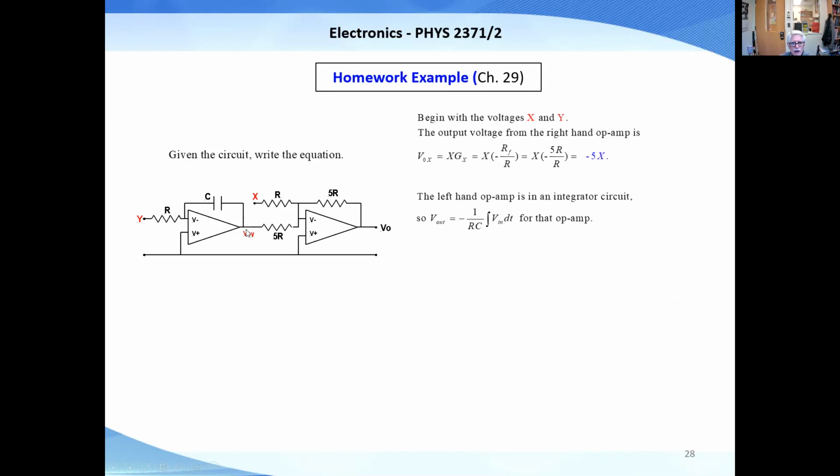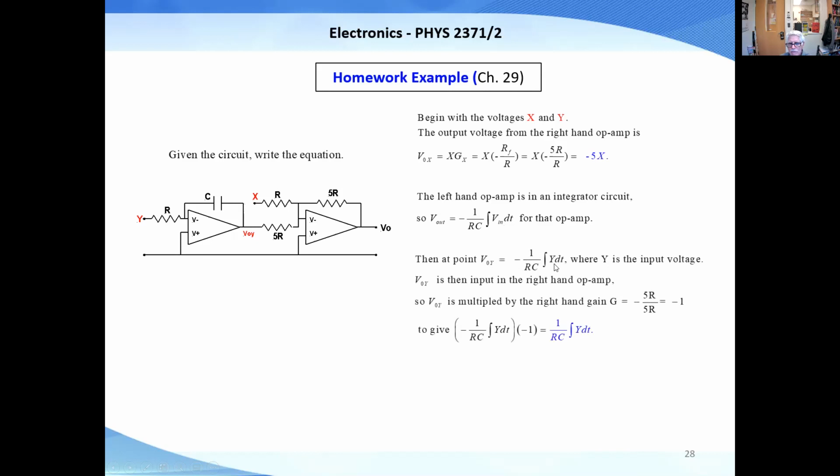You're going to get a voltage out here that's the integral of 1 over RC times Y dt. So that's a formula for the voltage here. And then you're going to take this voltage.